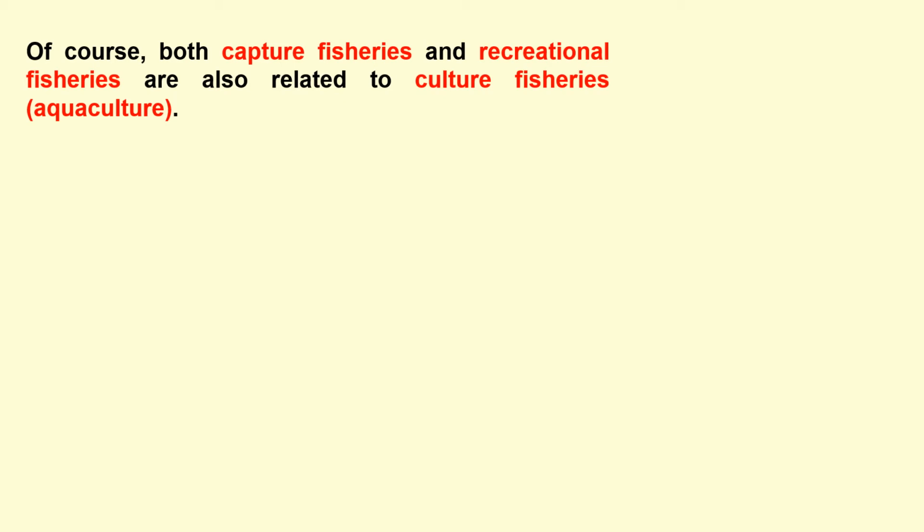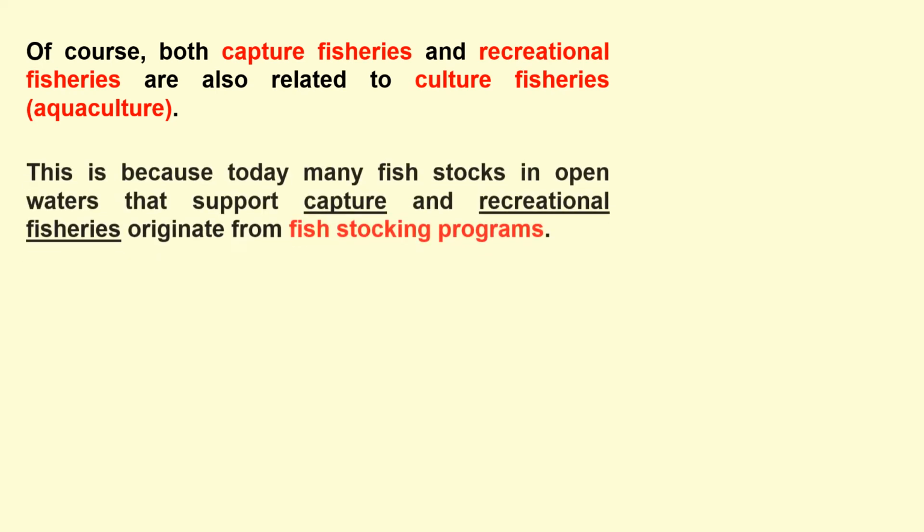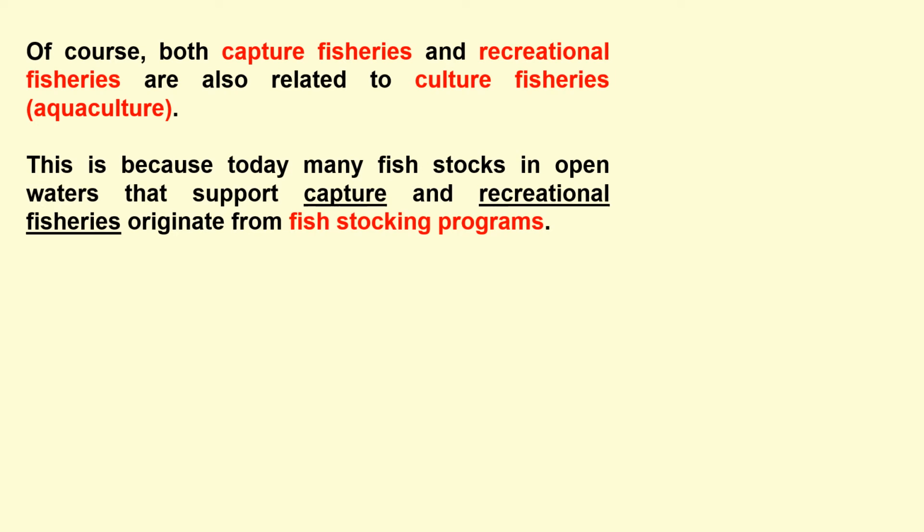And of course, both capture fisheries and recreational fisheries are also related to culture fisheries. This is because today many fish stocks, the fish being released in open waters that support the capture fisheries and also the recreational fisheries, originated from fish stocking programs.